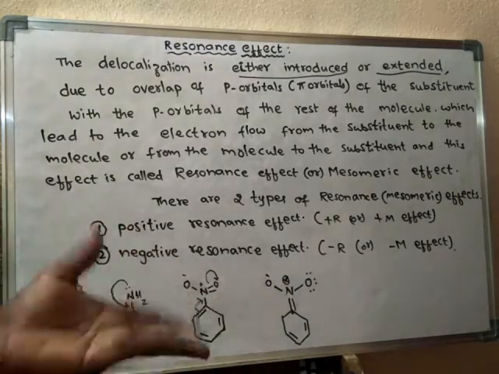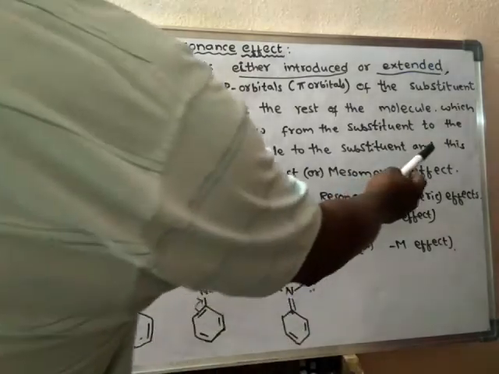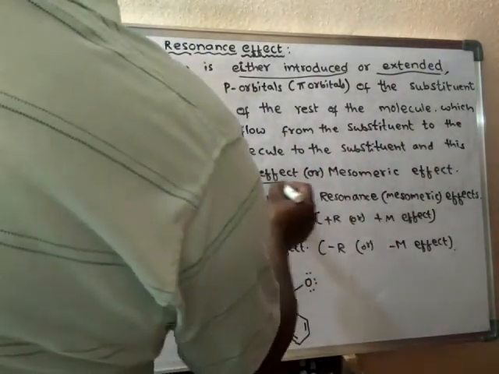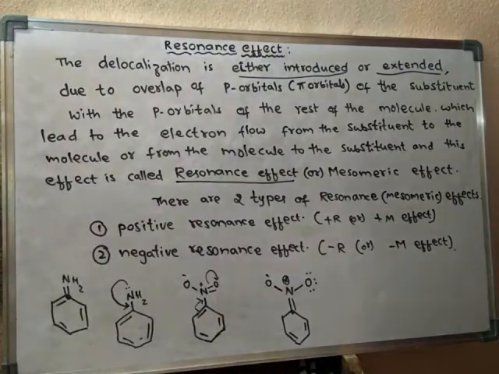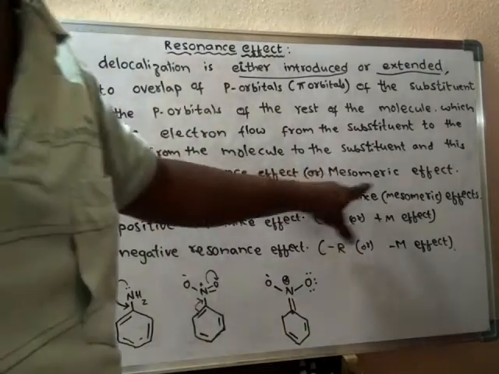So any of the things may happen. The flow of electrons may take place from the molecule towards the substituent, or from the substituent towards the molecule. This flow of electrons is called resonance effect. It is also called mesomeric effect.